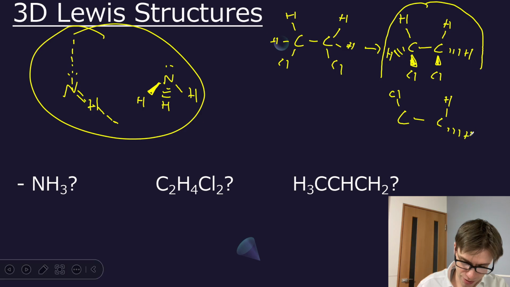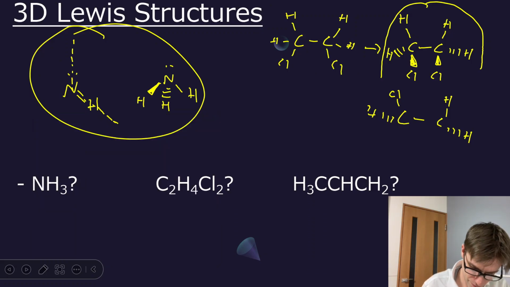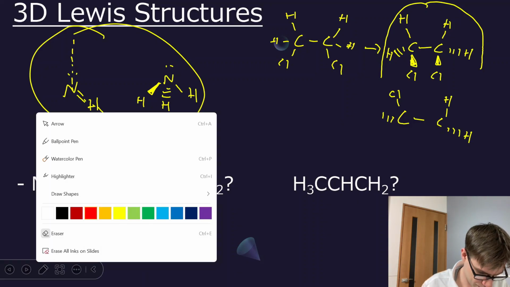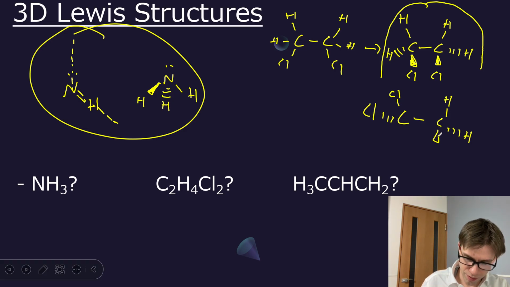I can put an H here. I can put a chlorine here on the other side. Doesn't matter. Oops. Let me erase that. Put a chlorine here, and that means my last one remaining will be hydrogens.